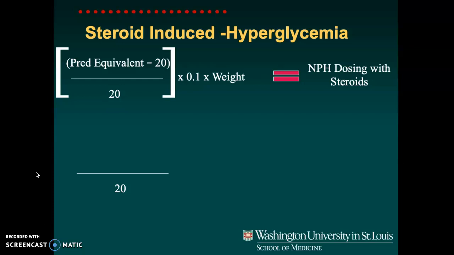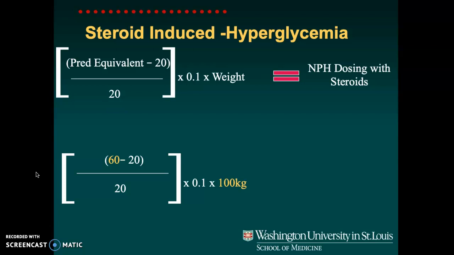In his case, he's already on prednisone. However, if he were on a different steroid, you could use a steroid table to calculate his current dose to a prednisone dosing. In his case, we know that he's on 60 milligrams of prednisone, so we'll subtract 20, divide that answer by 20, multiply by 0.1, then multiply by 100 kilograms.